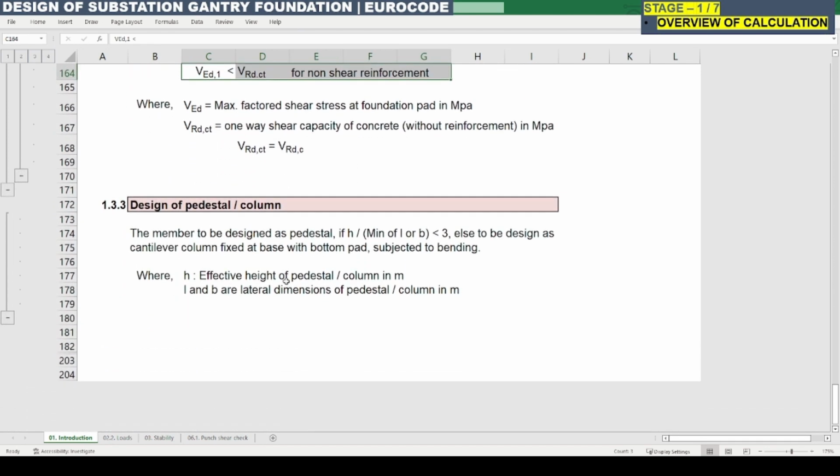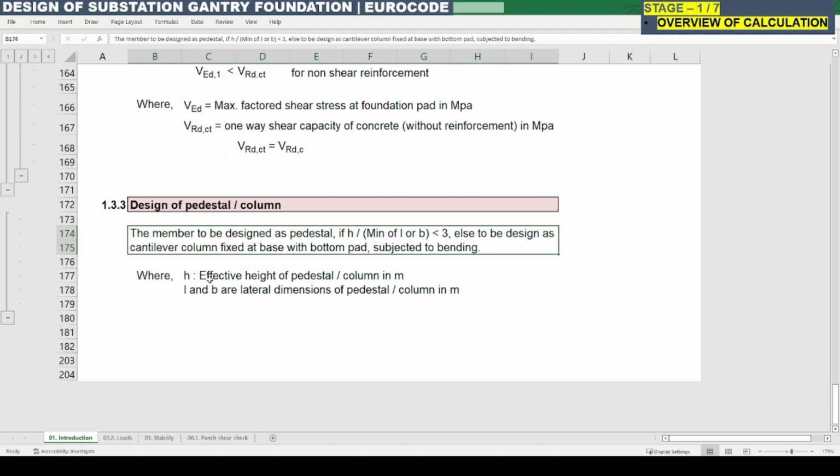Next, coming to the design of the pedestal, here we need to do mainly two checks before going for reinforcement design. One is whether this element is a pedestal or a column. For that, check the height divided by the minimum lateral dimension, L or B, where L and B are the lateral dimensions of the pedestal or the column.